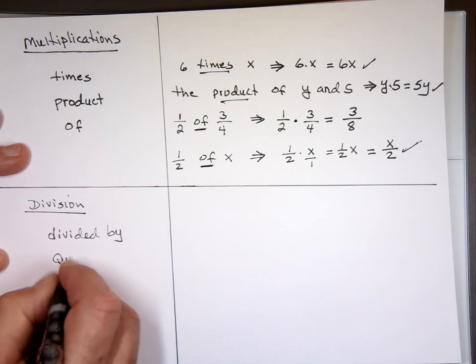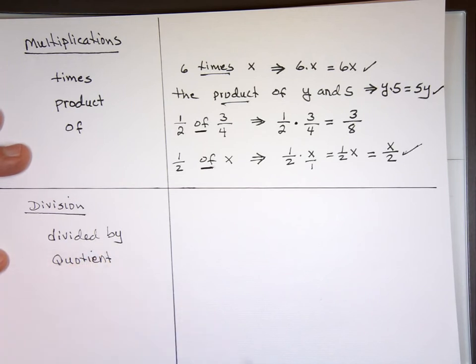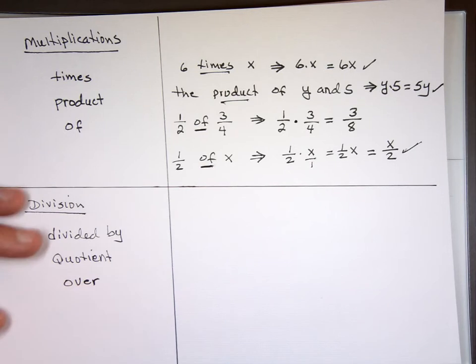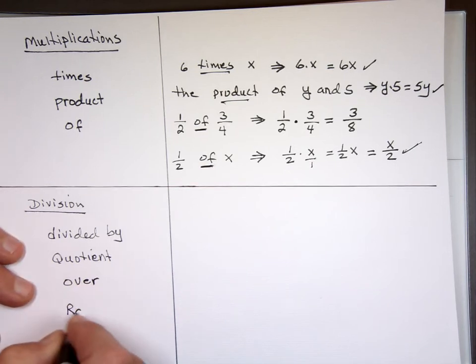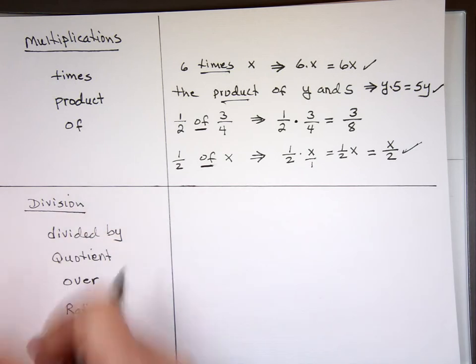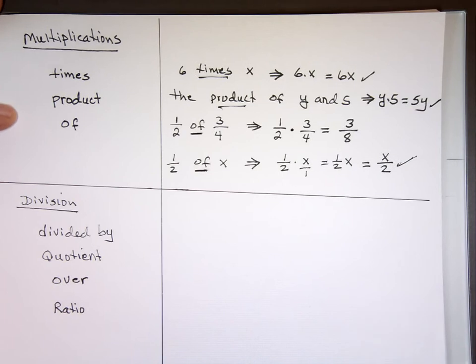Quotient means division, from chapter 1. And look for over. And sometimes ratio. There's a whole chapter on ratio, which is why your book is probably not going to discuss ratio yet till we get to it. But ratio is also another way of writing a fraction.